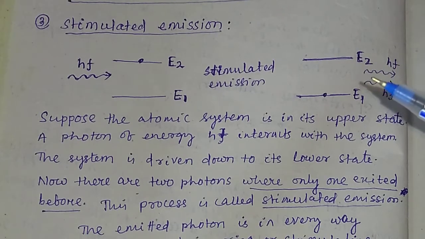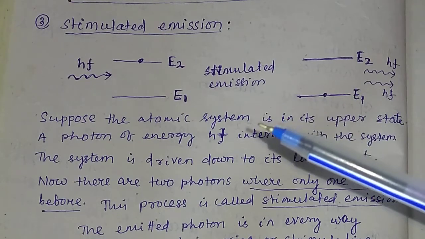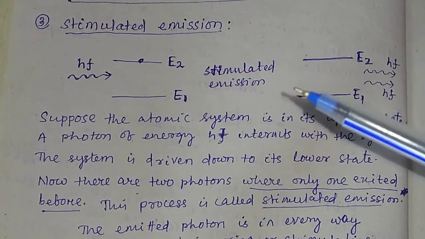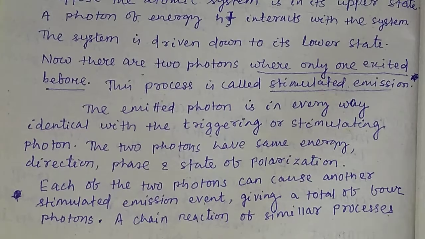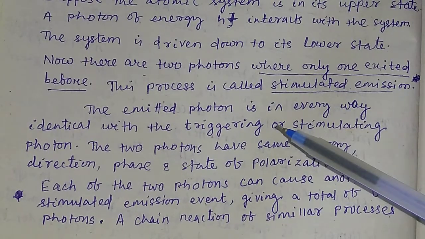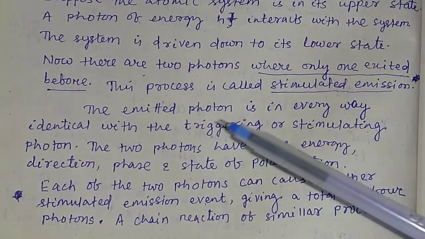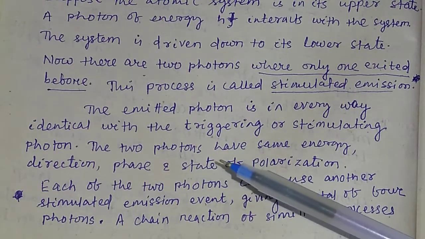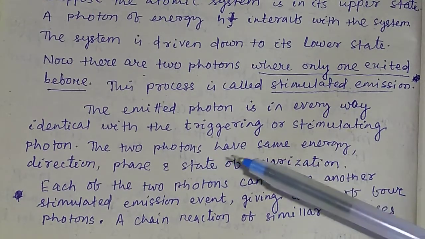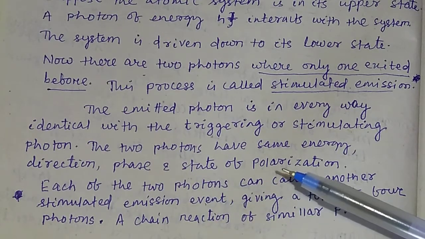These two photons are produced by stimulated emission, and this process is called the stimulated emission process. Remember that the emitted photon is in every way identical with the triggering photon. The two photons have the same energy, same direction, same phase and same state of polarization.